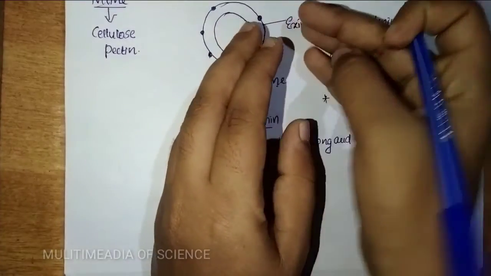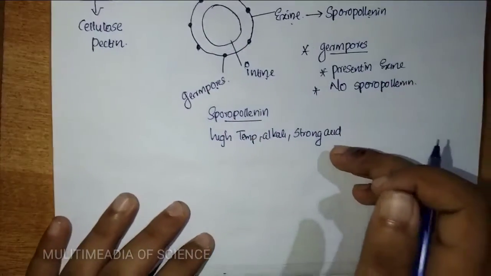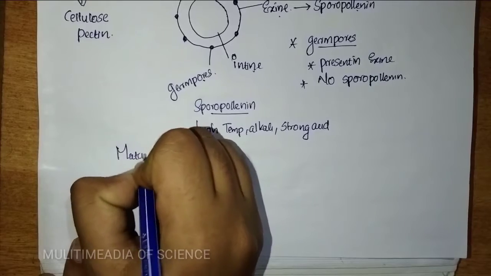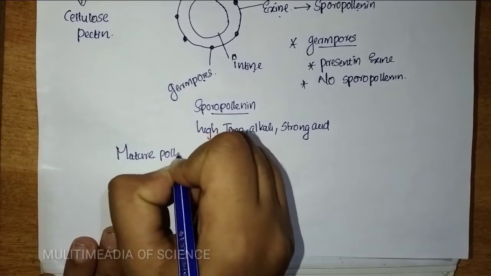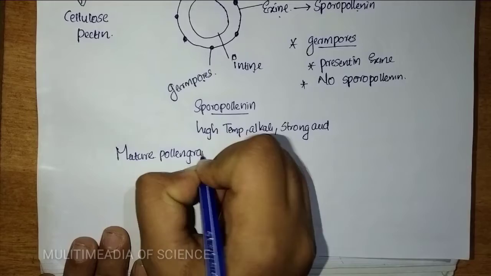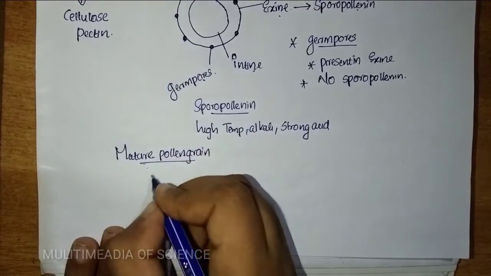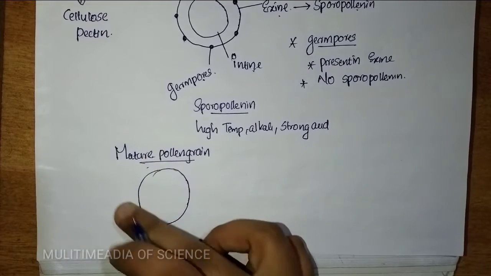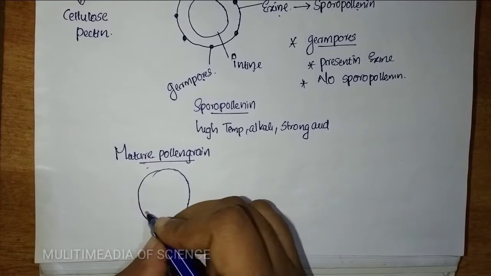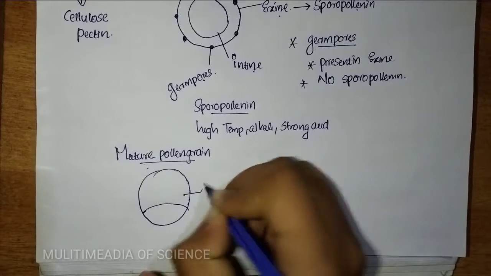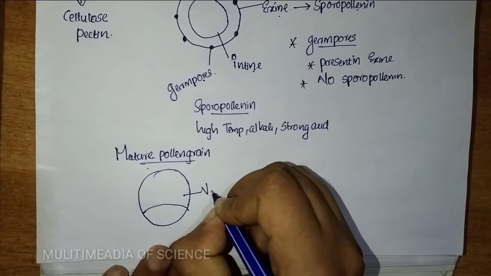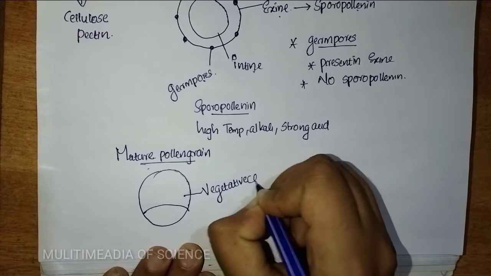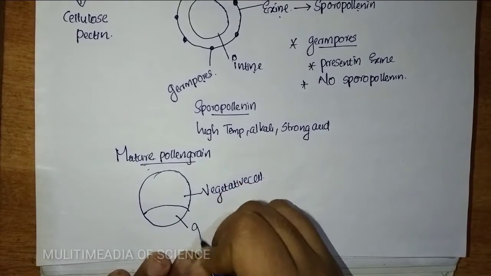Now let's talk about the mature pollen grain. In the mature pollen grain there are two cells: the vegetative cell and the generative cell.